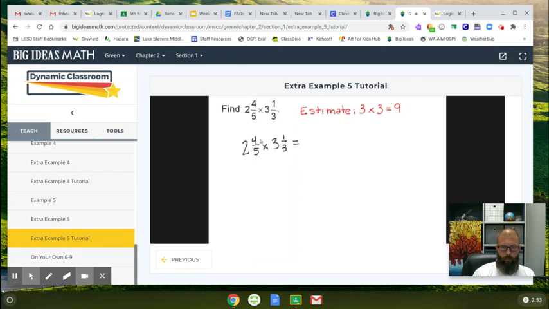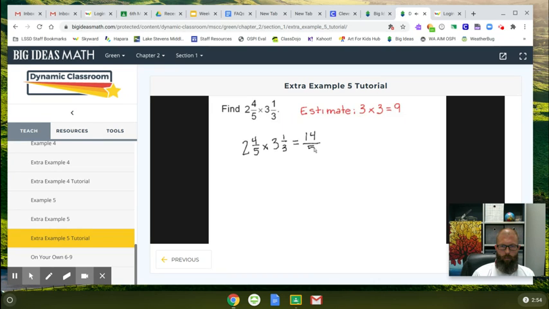To write a mixed number as an improper fraction, we will multiply the whole number, 2 times the denominator 5, and add to the numerator 4 to get our new numerator. So 2 times 5 is 10, plus 4 is 14. So 14 is our numerator. And we keep the same denominator as is in the fraction, so our denominator is 5. So 2 4/5 can be written as 14/5.